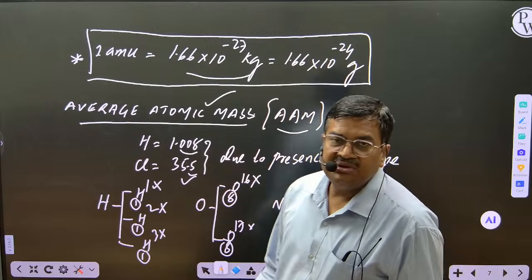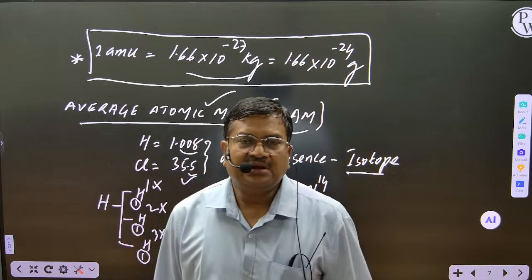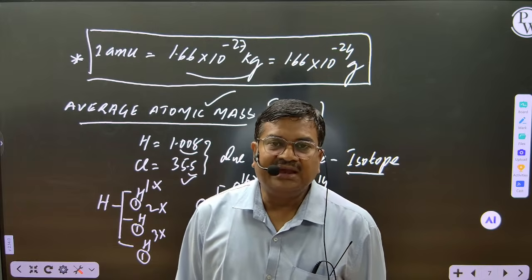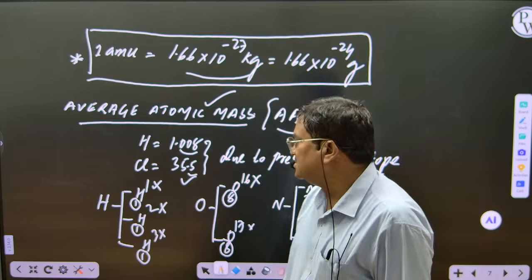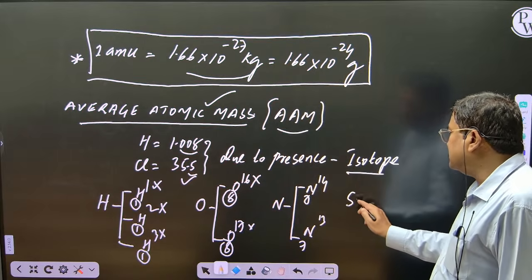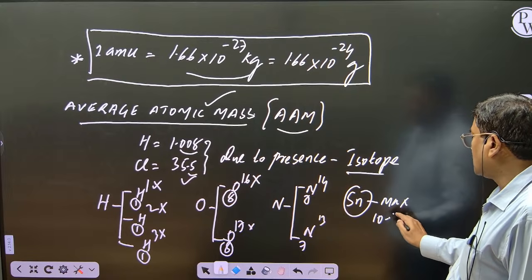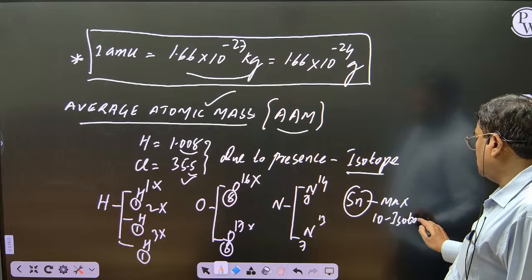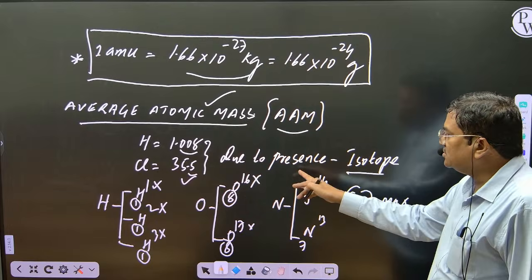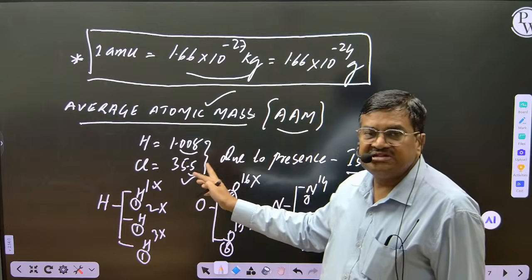In the periodic table, which you study later in the main chapter, tin has maximum 10 isotopes. Tin, stannum we say, has a maximum of 10 isotopes. So due to presence of these isotopes, we are getting fractional values.